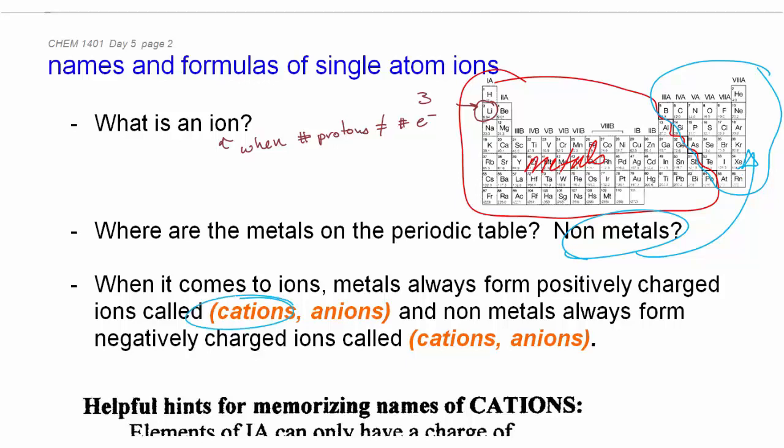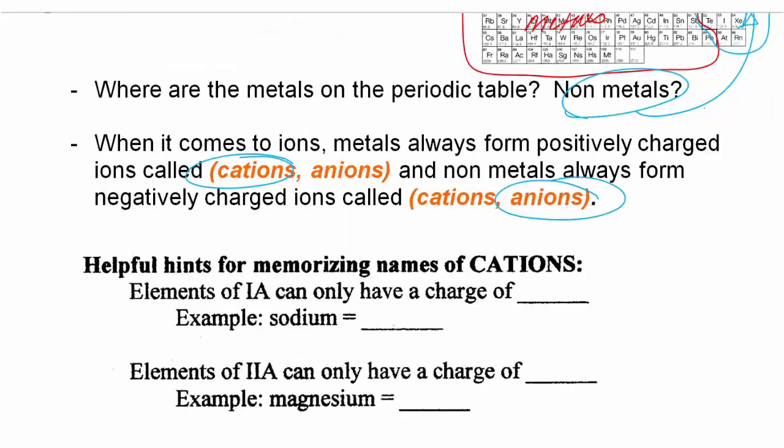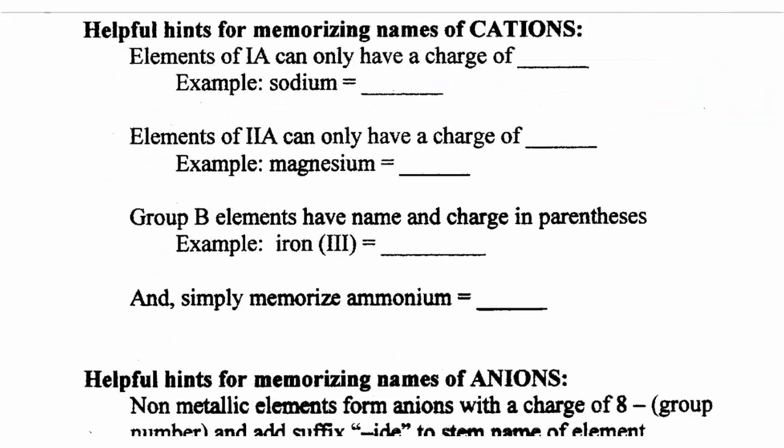And nonmetals always form negatively charged ions called anions. So these are always going to have a positive charge, and these are always going to have a negative charge when forming these ions.